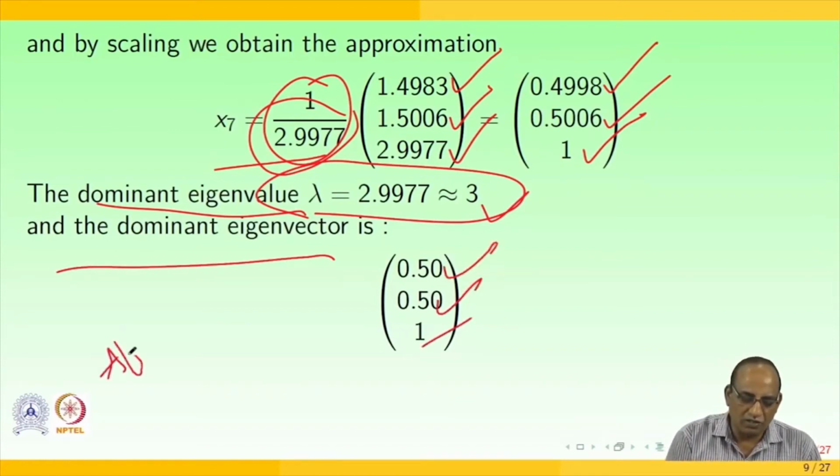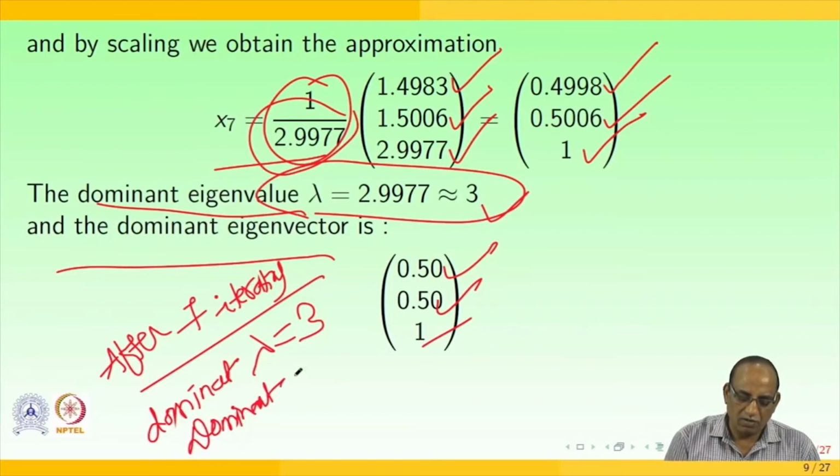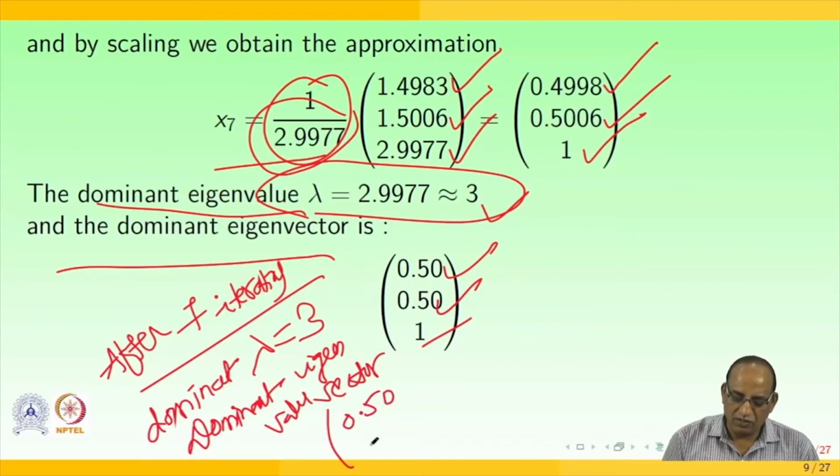So after 7 iterations, you get the dominant eigenvalue lambda as 3 and the dominant eigenvector as approximately 0.50, 0.501, 1.